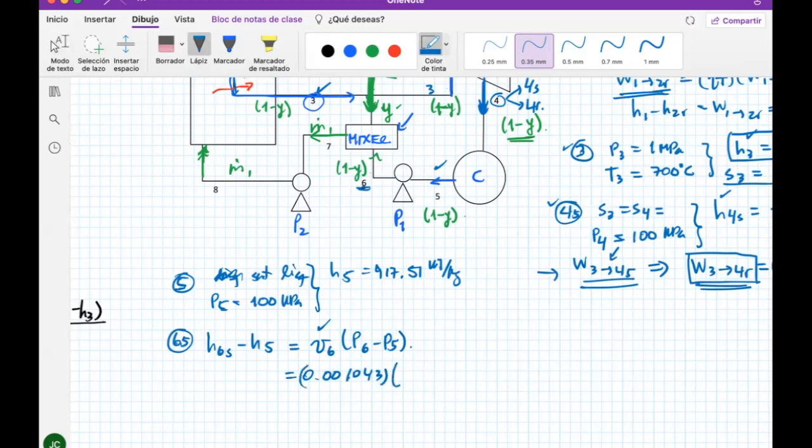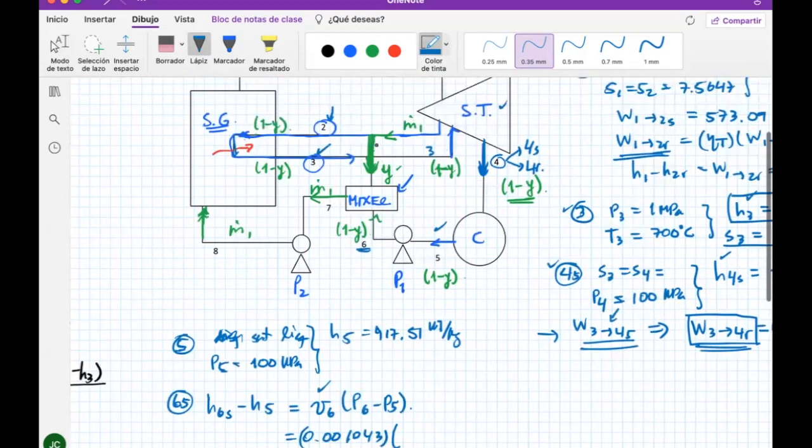And P6 is a little bit tricky. Take a look at this. I'm taking this line from the steam turbine. I already decided that this reheat part is at 1 megapascal. So this mixer is actually at 1 megapascal. All flows going into or out of the mixer need to be at that same pressure. Otherwise, they do not mix.